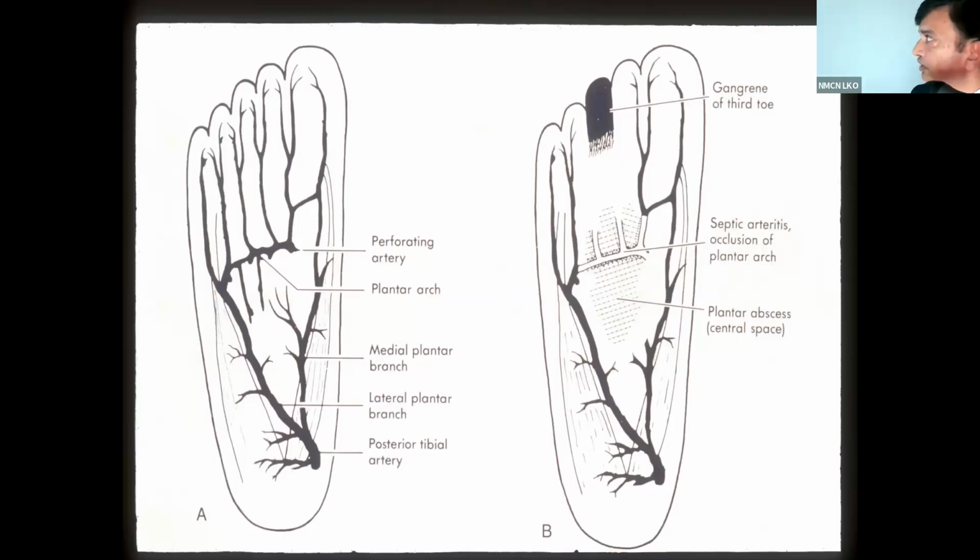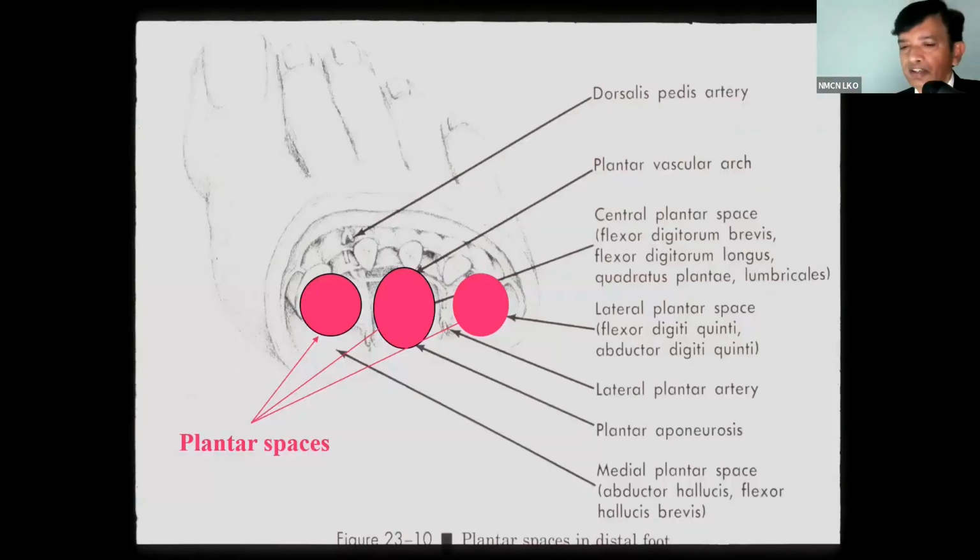For example, if the mid plantar space has a pus pocket or any trauma causing increased pressure in this area, it leads to compression of the vessels and the result is necrosis of the toes. So that's why these spaces are important. And once there is any infection of these spaces, you have to release them. Otherwise, there is a compartment syndrome.